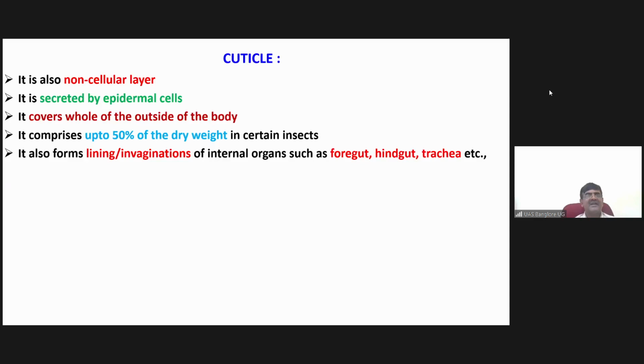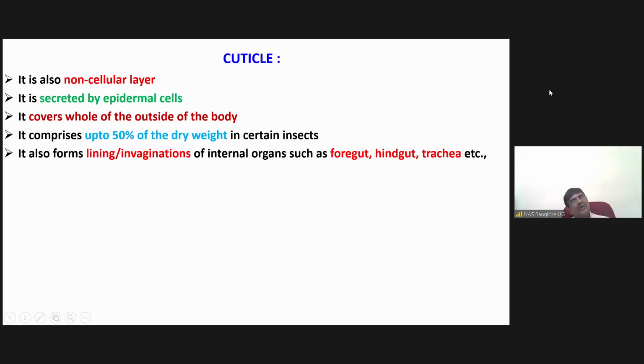It covers the whole of the outside body. If you take the proportion, this cuticle comprises up to 50% of dry weight of certain insects.